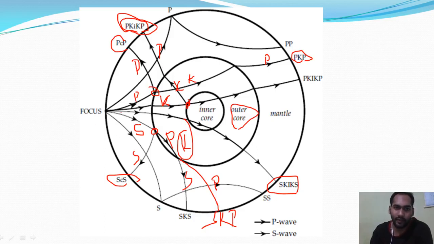Similarly, when S wave traveled, it is not in this diagram, but there is another diagram I will show you.